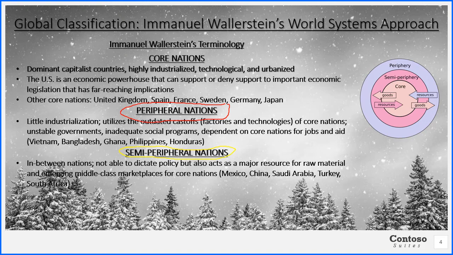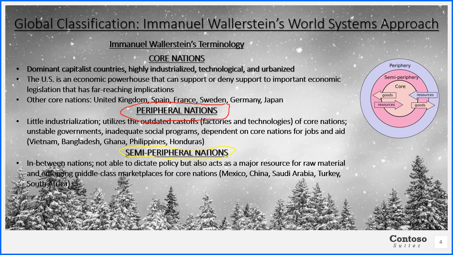But what happened to all those old factories and machines? They weren't thrown away. They were either sold or given to these peripheral nations. So these poorer countries might have some industry, but it's usually very heavy on pollution and not very regulated. So that's not really great for the people that live there.